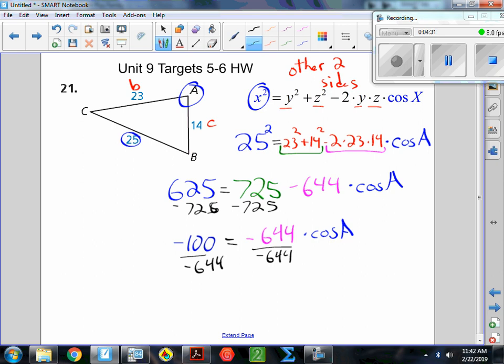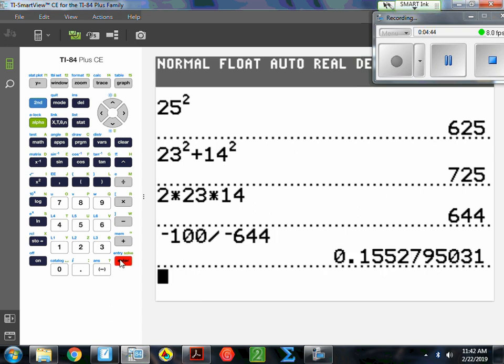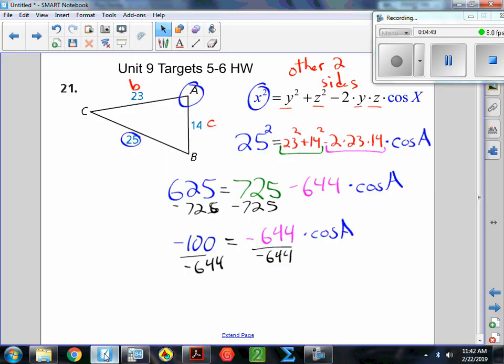I'm going to switch to my calculator. So negative 100 divided by negative 644, and I get this decimal, 0.1552.